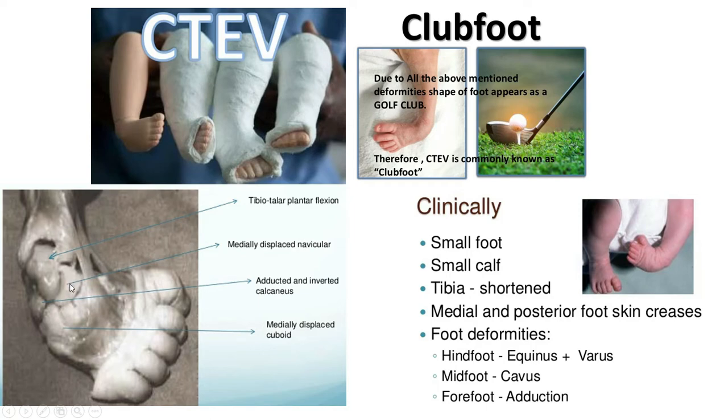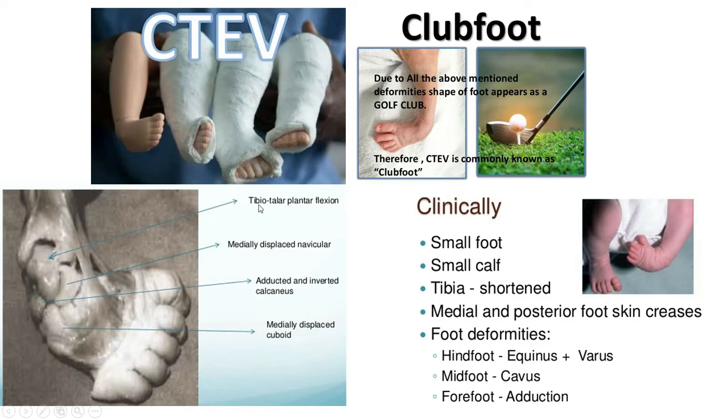This is the talus. Sorry, and this is called navicular. Now, this talonavicular joint, due to adduction, and the main culprit bone is talus. It will rotate medially. As a result, the talonavicular joint is displaced, and as a result, all the foot has been deformed.